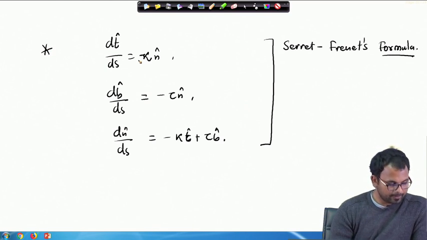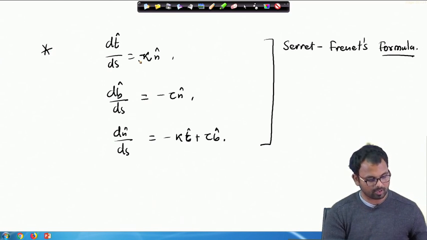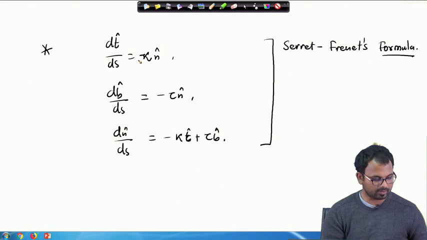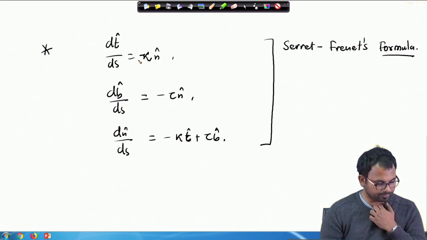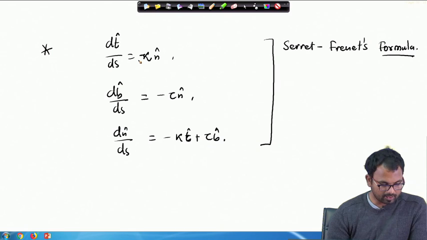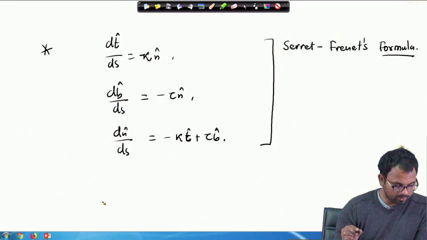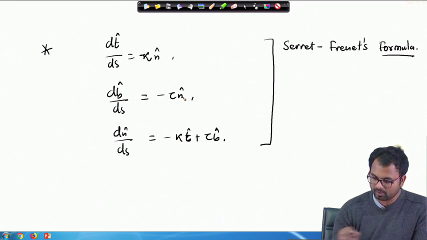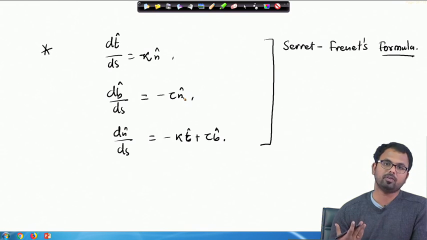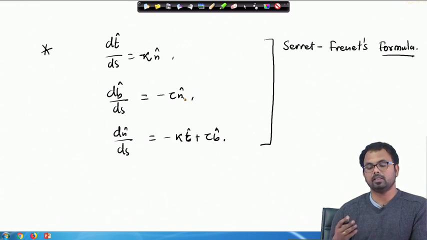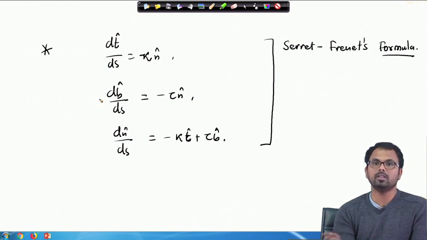All right. Now that we have this relation, of course, we would like to solve a few examples. So, let us start with our examples. How do we calculate these things, kappa and tau? There must be some kind of formula that would relate these derivatives with the curve itself.